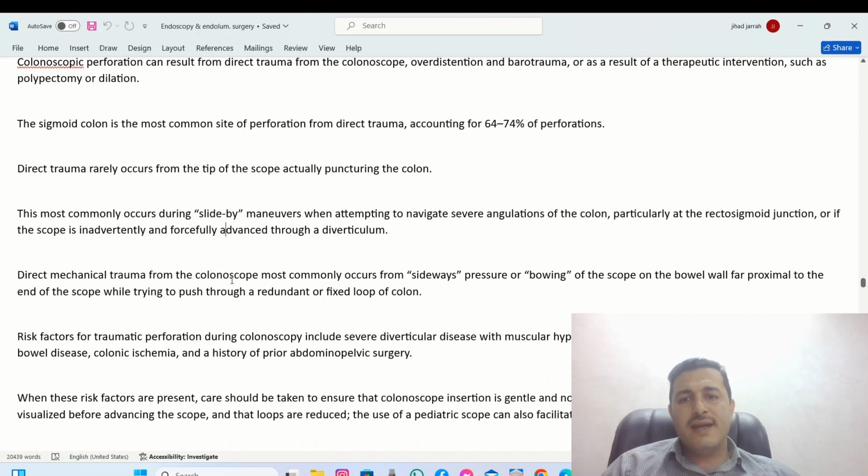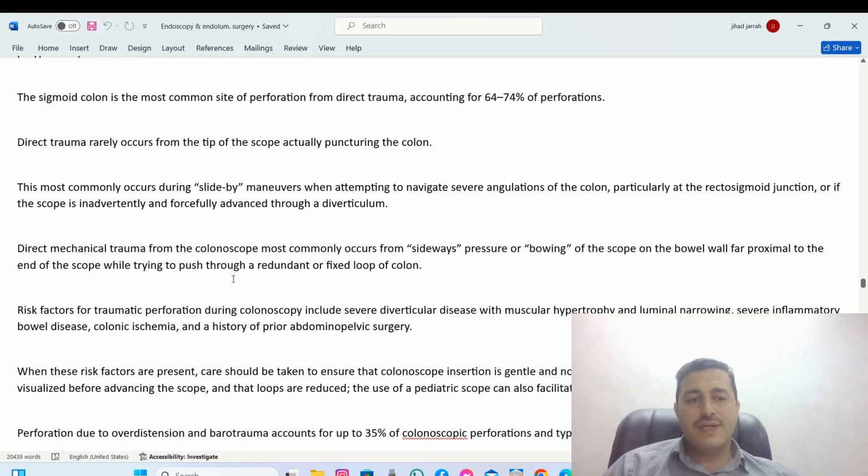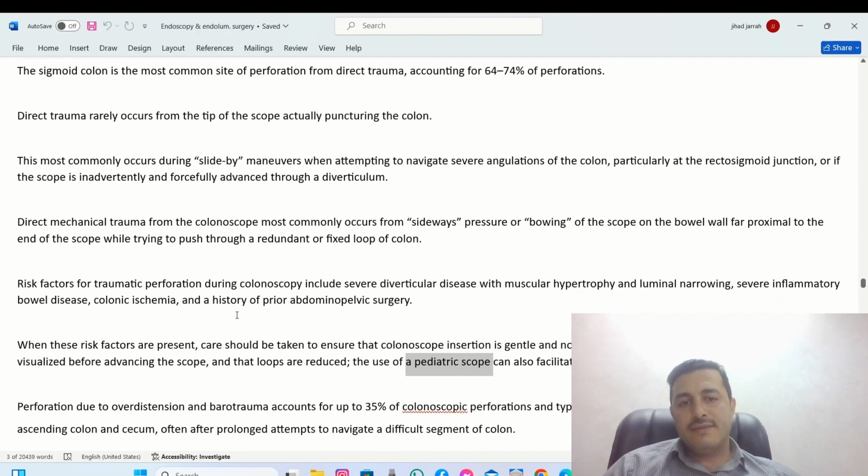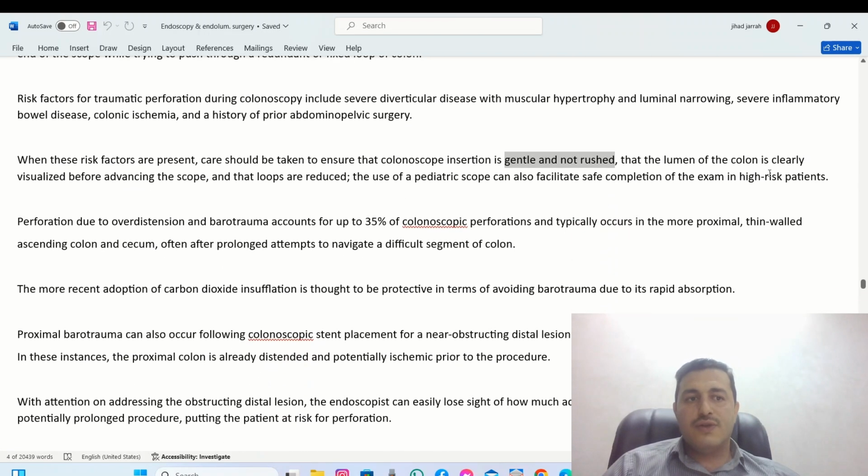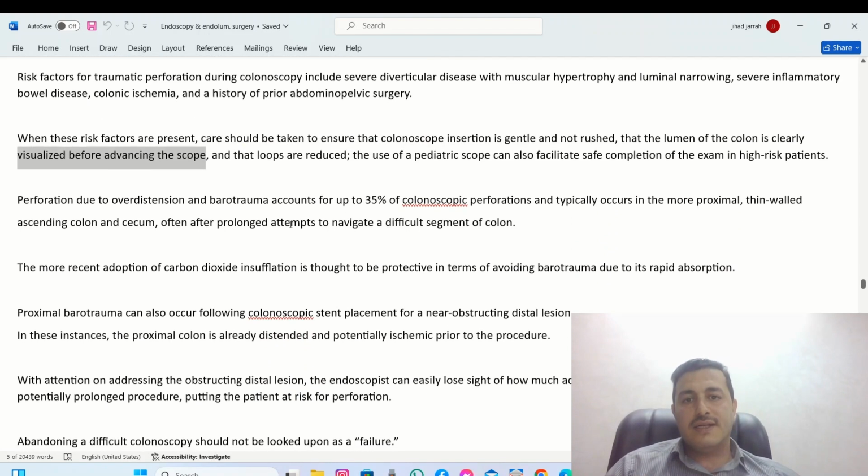If these risk factors are present, we can use, for example, the pediatric scope, a smaller scope. And of course, we have to be gentle in such risk factors. Also, everything should be done under visualization before advancing the scope.